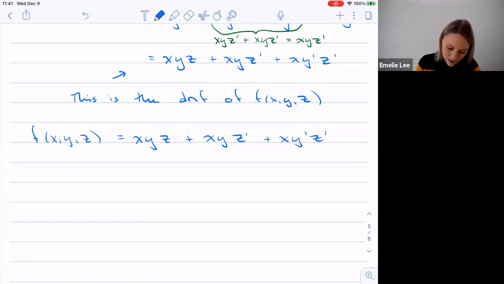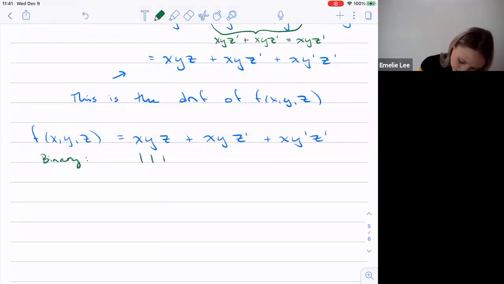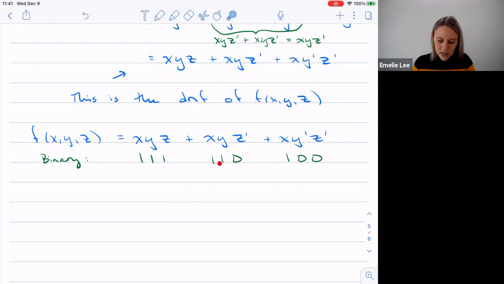Okay. So now in my binary here, I have 1, 1, 1 and 1, 1, 0 and 1, 0, 0. This is why the order of my x, y, z matters so much, right? Because 1, 1, 0 is different from 1, 0, 1, for example.